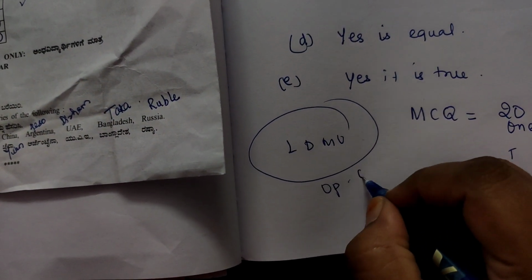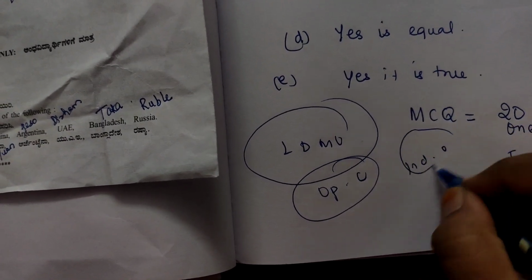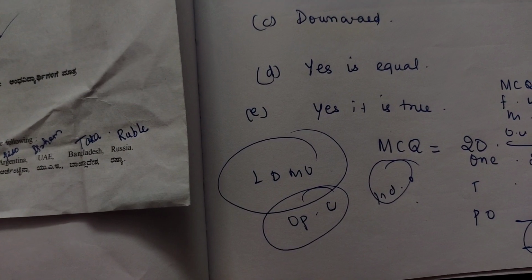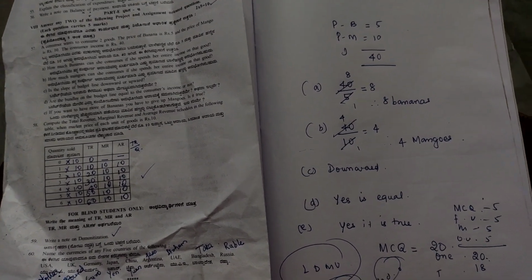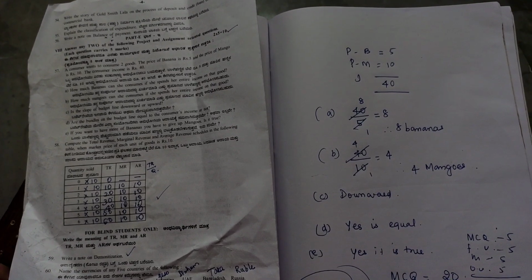Optimal choice of a consumer, indifference curve, and some table questions will all surely come, so you can easily get more than 60% in economics if you do smart work rather than hard work. Why? Because smart work is concentrated hard work, which will surely pay you more benefit and more reward for whatever efforts you have put in.